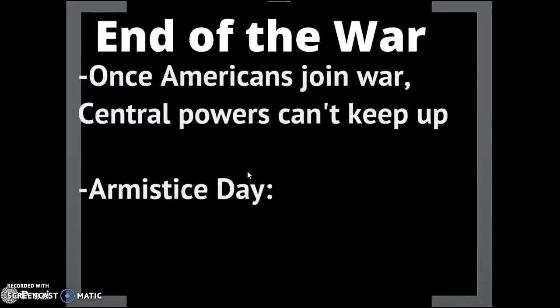Now, once the Americans joined the war, having the fresh bodies actually is going to be more than the Central Powers can handle. And so once the Americans show up, almost immediately, what we see is the Allies start winning. The other thing we bring with us is the Spanish flu, which ends up killing tons of people, and it weakens all these guys who've been in the battlefield for years.